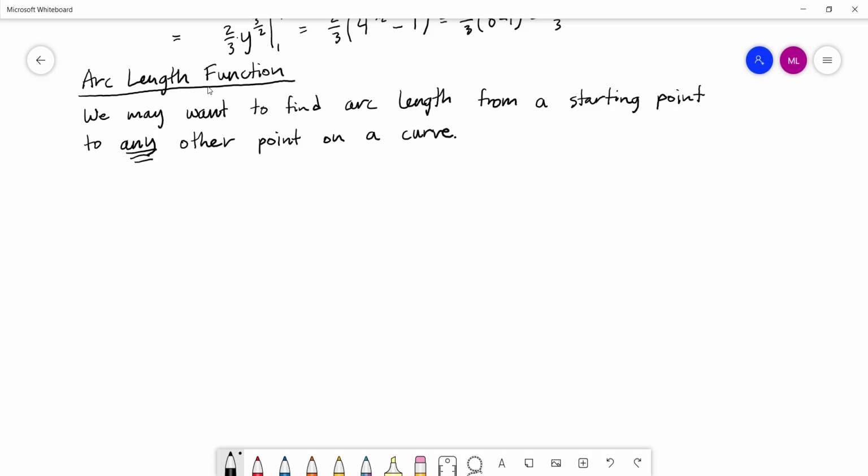So if we have a curve, we're going to call that curve C, and let's make it a nice smooth one. So, a smooth curve C.